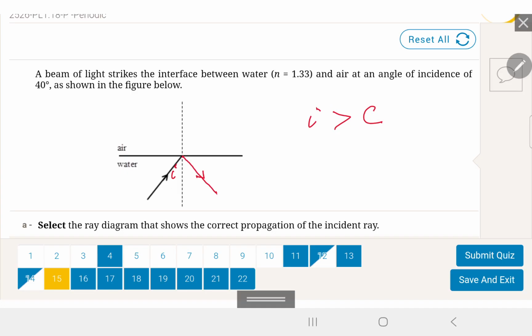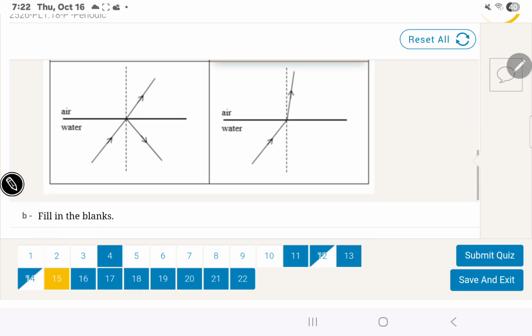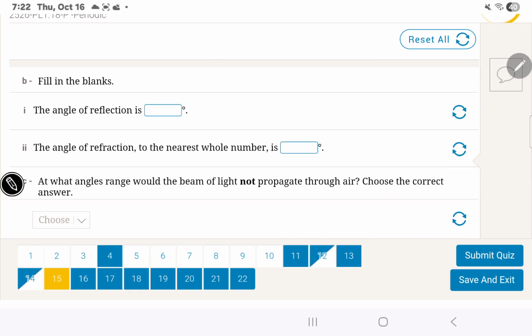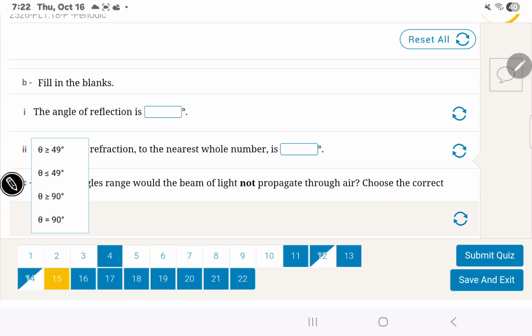So you have to choose the option which has greater than the critical angle. So now, after calculating the critical angle in the earlier question, we have to see the options. We have to choose greater than 49 because the critical angle here is almost 48 or 49 to one decimal place, or to the nearest whole number 49. So any ray of light greater than 49 will do total internal reflection.